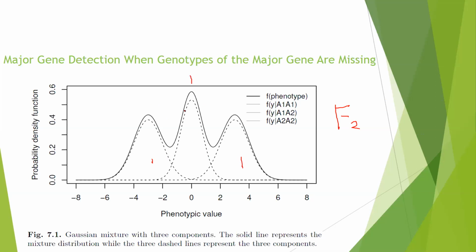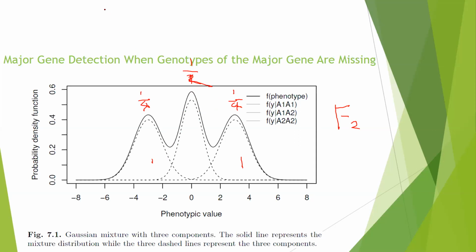Yes, we know, because this is F2, and we know this locus follows the Mendelian segregation pattern. So this should represent 1/4 of your whole population, this should represent another 1/4, and the genotype in the middle should represent 1/2.